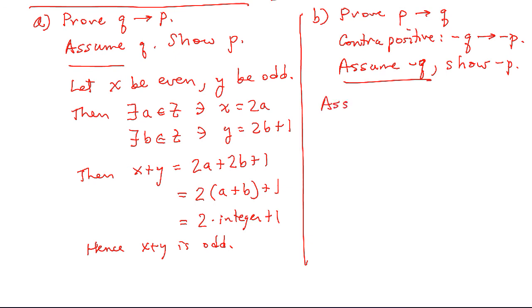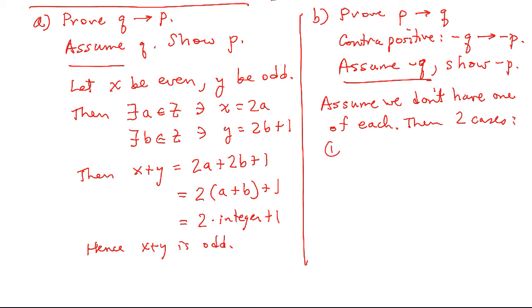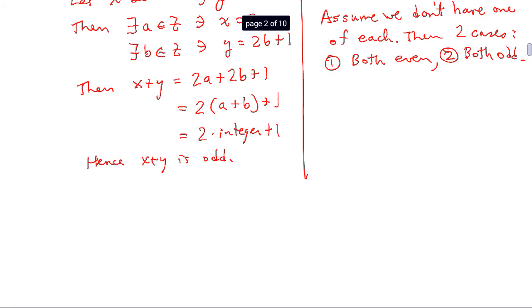Assume we don't have one of each. Then we have 2 cases. First case is that both are even, and the second case is that both are odd. Okay? And I'll take one after the other and prove them.